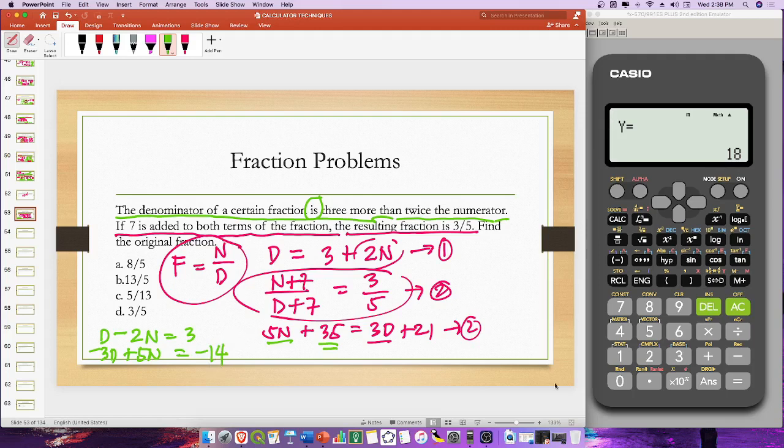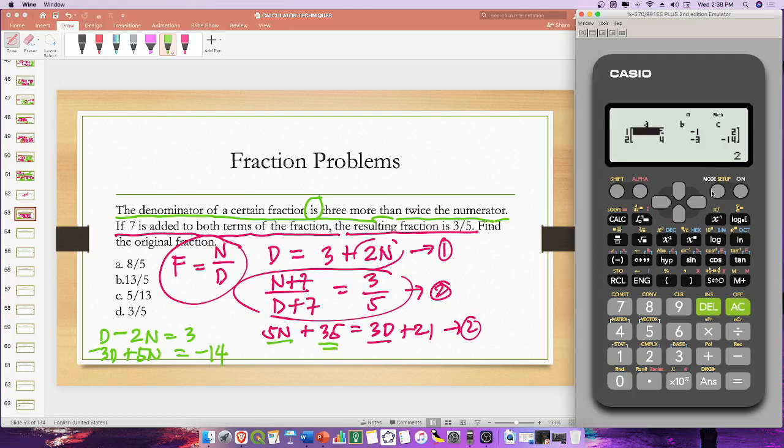Now it's easier for us to use the equation solver. Plug in the coefficients starting from equation 1. That's 1, then negative 2, equal to 3. We have negative 3 from our second equation, 5, and then negative 14.